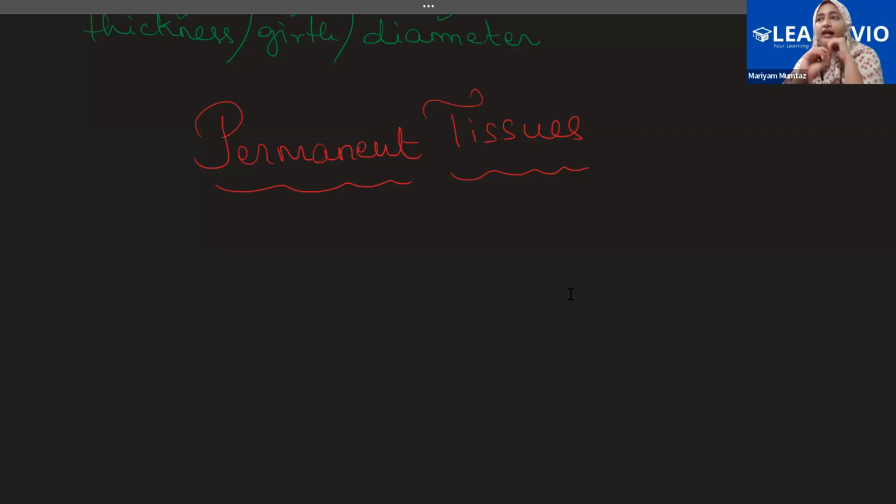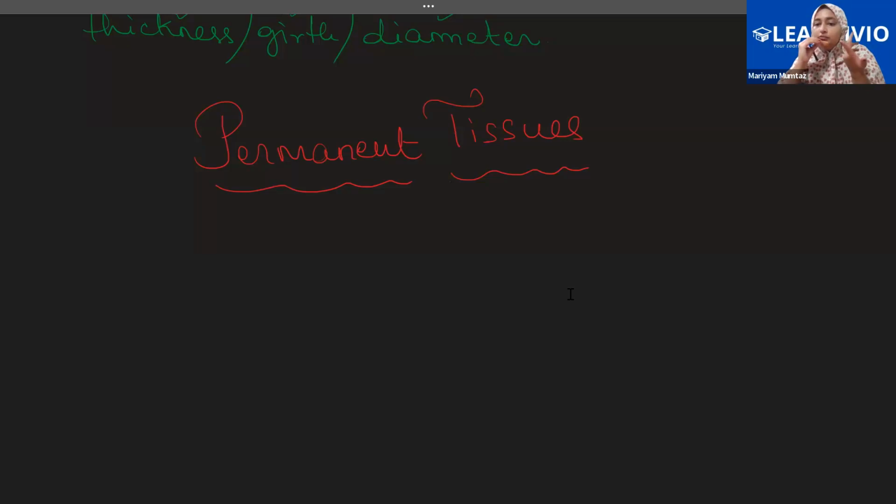So now they do not have any function to perform in terms of increase in the length or in terms of increase in the girth or anything. Now their function is to perform storage function, or they can perform structural support, because the plant has to stay in one place for the rest of its life.